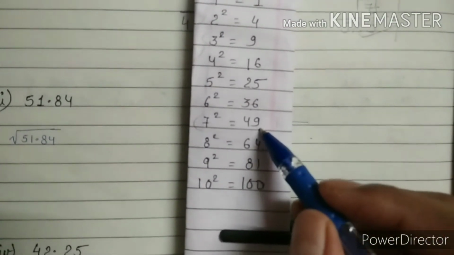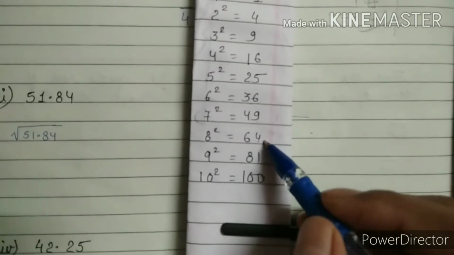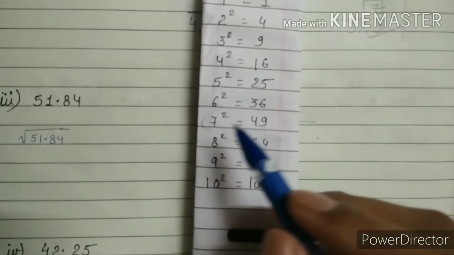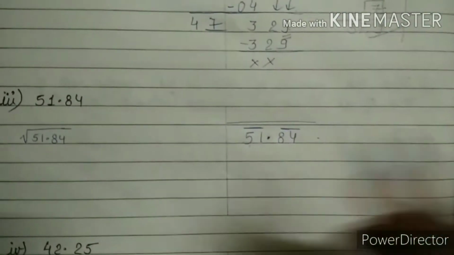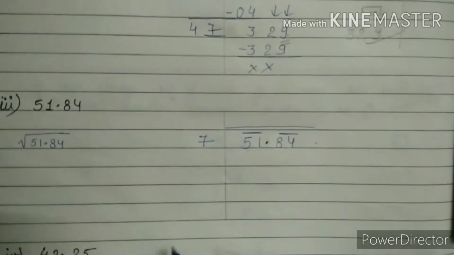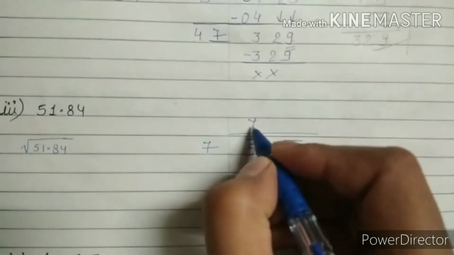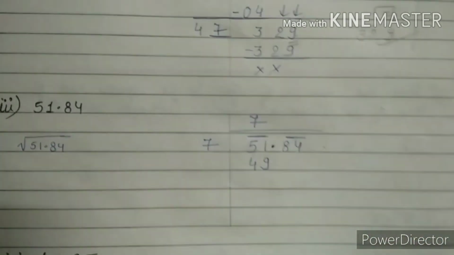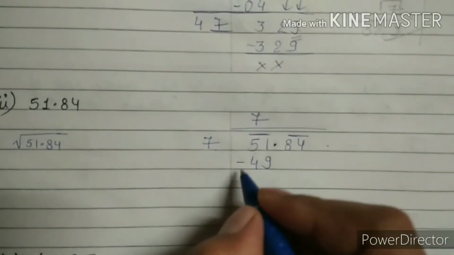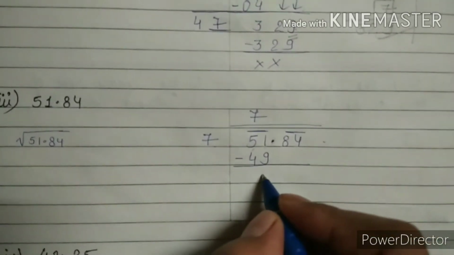Less than or equal to 51 is 49, because 64 is greater, and 49 is the square of 7. Okay, 7 square is 49. So what are we putting here? We are putting 7 here. If 7 is here, 7 will also go there. 7 7s are 49. Okay. Now 51 minus 49 is 2.